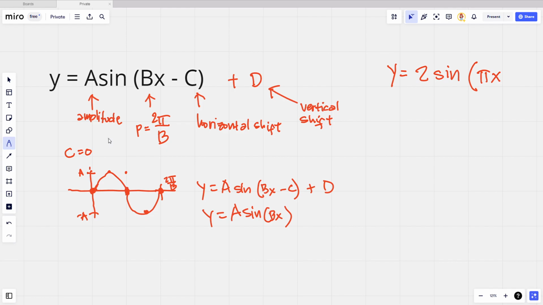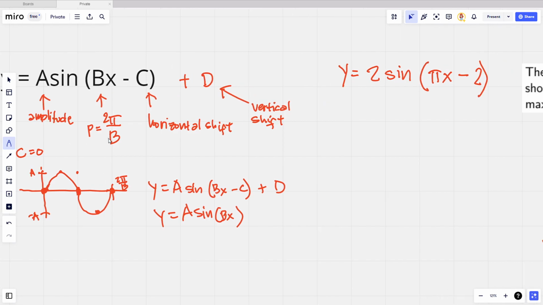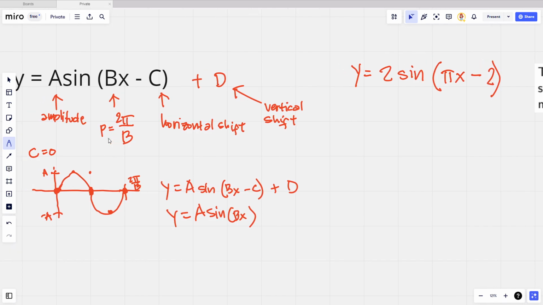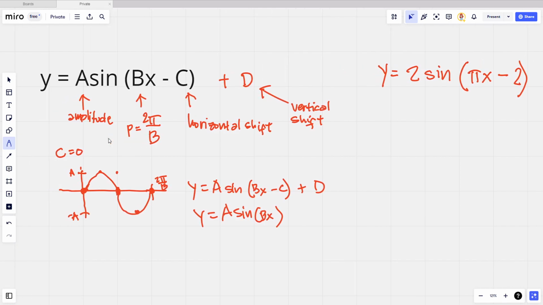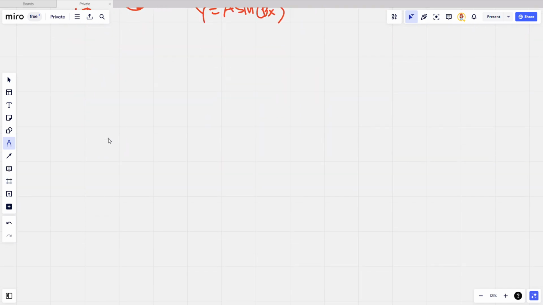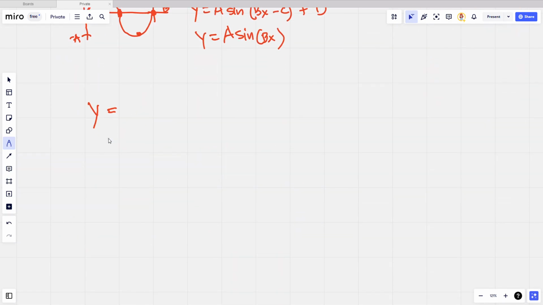Okay, so y is equal to 2 sine of pi x minus 2 plus d. So let's say d is just equal to 0. So we'd have y is equal to 2 sine pi x minus 2. So let's have that as our example.